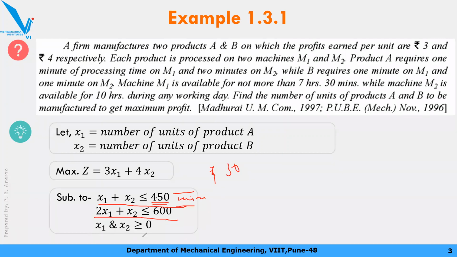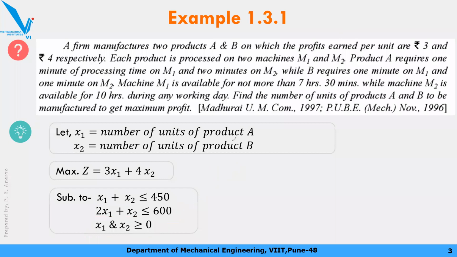And a non-negativity restriction: your products A and B should not be in negative numbers. Okay, so we have discussed this in detail in the previous lecture, so I have gone through it a bit quickly. Our aim here is to understand the graphical approach.